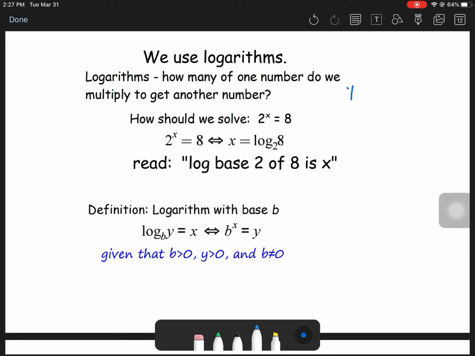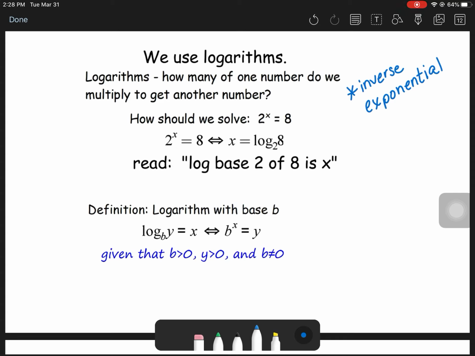A logarithm is the inverse or opposite of exponential. Just like adding is the opposite of subtracting, or just like division will undo or be the inverse of multiplication.